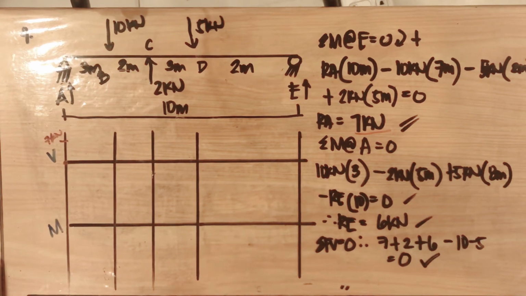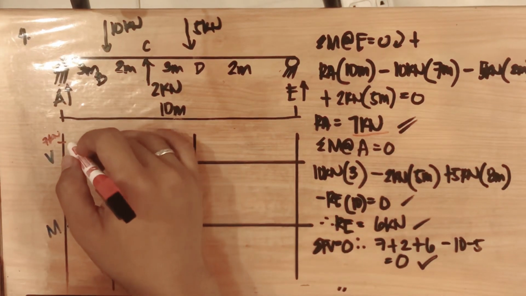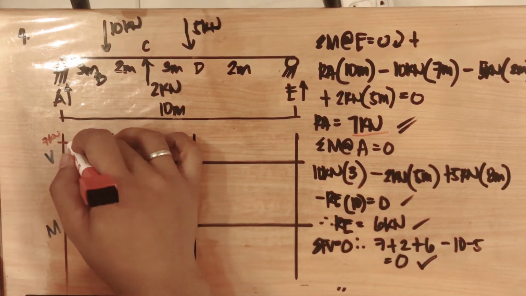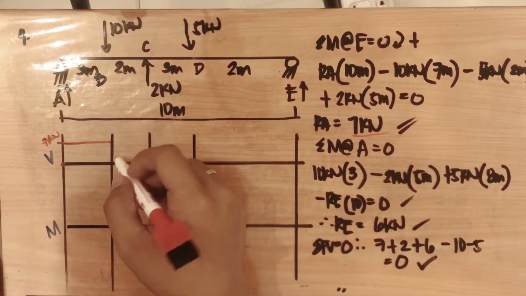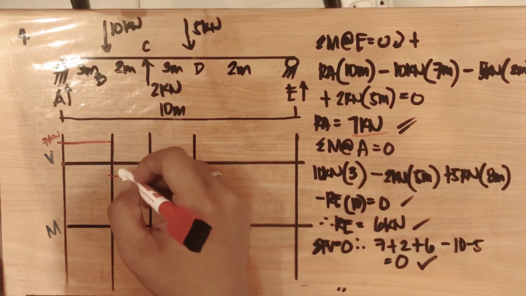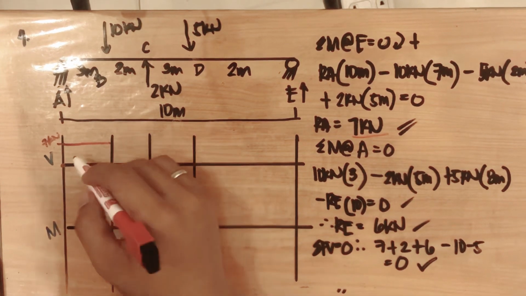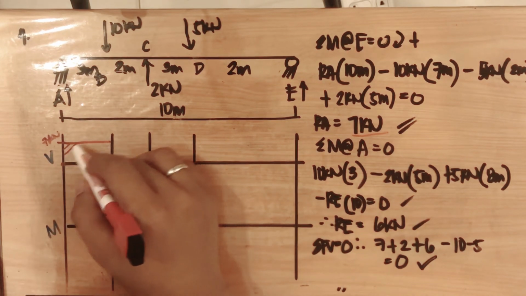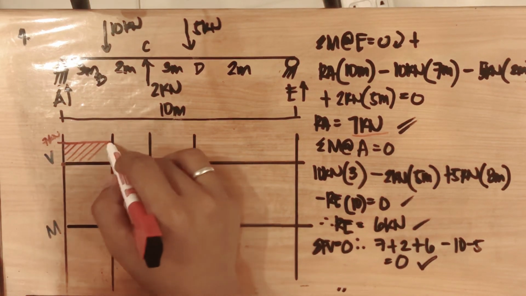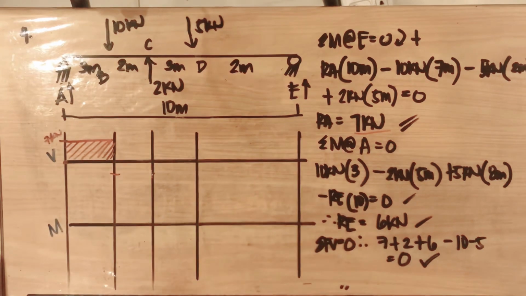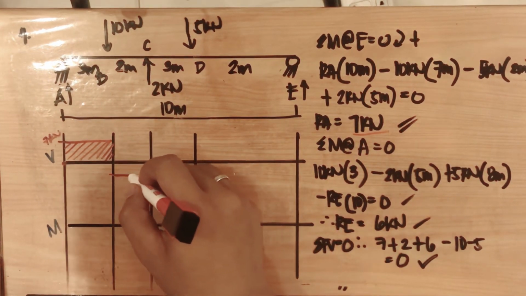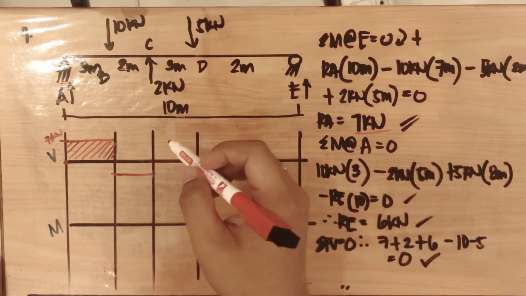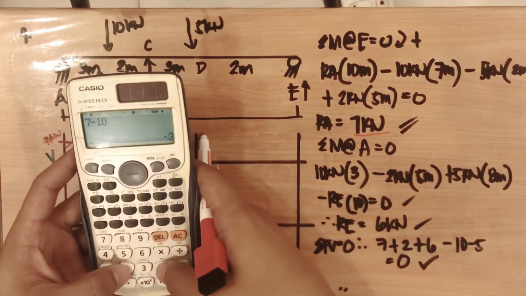Since wala tayong load from A to B, straight line lang yan. Then pababa tayo ng negative 3. So ito na yung ating shear diagram from A up to B. Then next, from B to C, wala tayo ulit load dyan. So diretso lang yan. Straight line. Then from point C, may upward tayong 2 kilonewton. So plus 2 tayo.